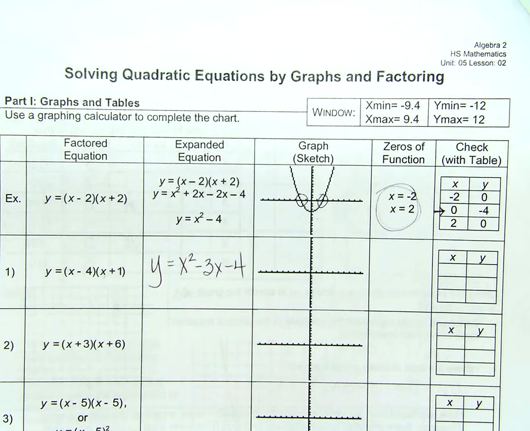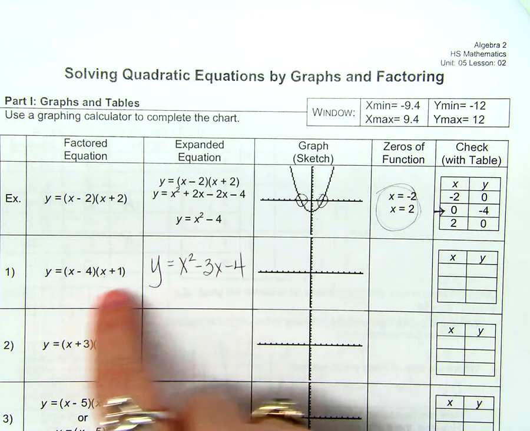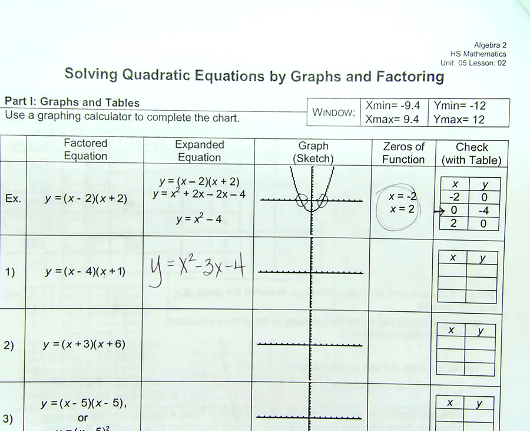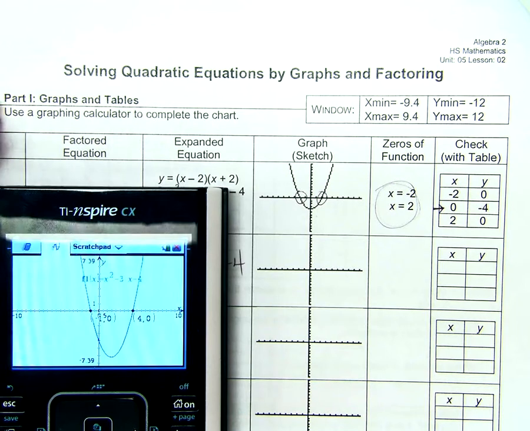So in your calculator, hopefully you've gone to put this equation, either one of these equations actually, into your tab at the top. So mine looks like this. Does yours look like this? Yes or no?